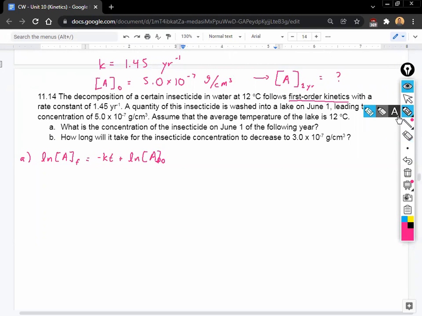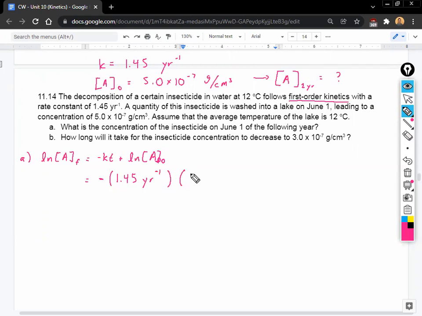Okay, so now what we want to do is start plugging in our numbers. Now, we are looking for AF, the concentration after a year. So I'm going to just leave that alone for now, and I'm just going to plug in the values I have. I have negative, the K that I'm working with is 1.45 per year.